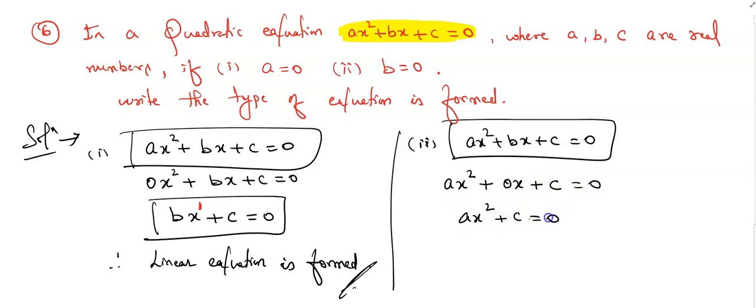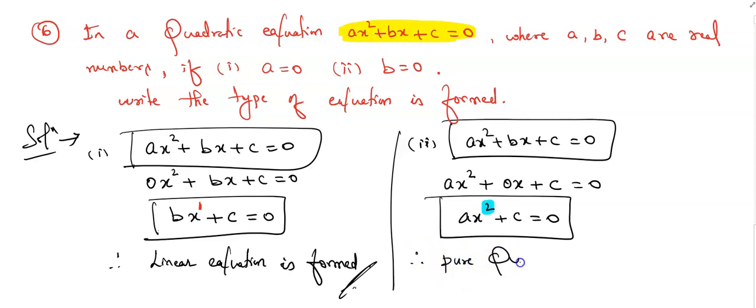Then plus c is equals to 0. Now we can see here, what is the highest degree of x? That is 2, right? So which type of equation is formed? Therefore, pure quadratic equation is formed.